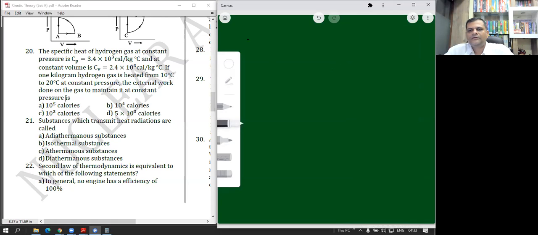So see here, first of all, we'll just list out this Cp equal to 3.4 into 10 raised to 3 calorie per kilogram Celsius, and Cv is already going to be equal to 2.4 into 10 raised to 3 calorie per kilogram Celsius.